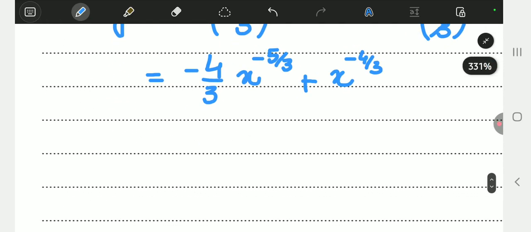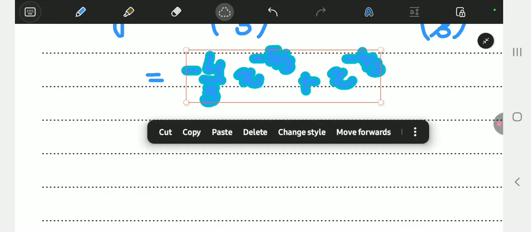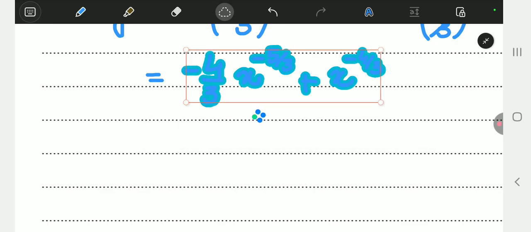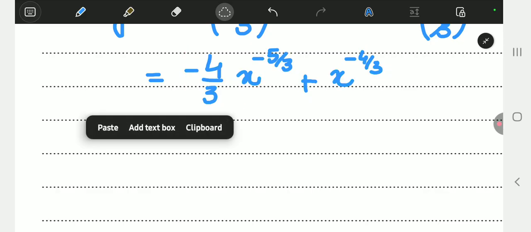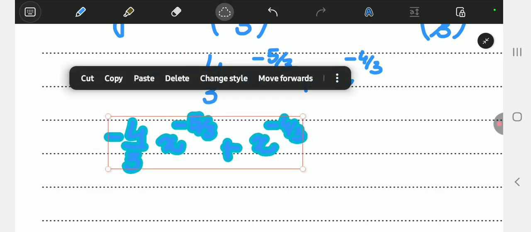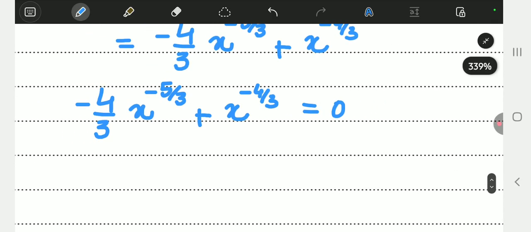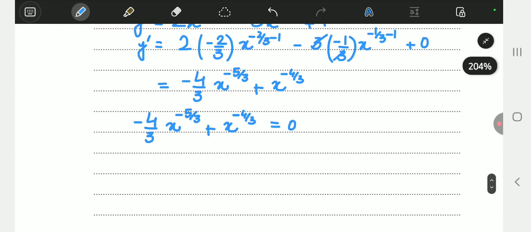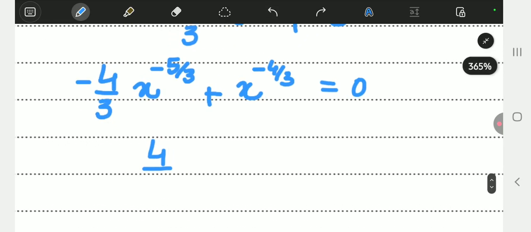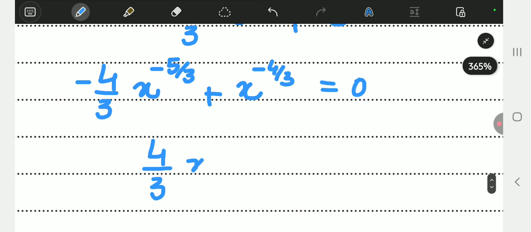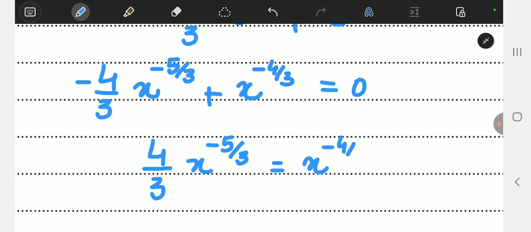y prime equals 0, so that means this whole expression equals 0. Let's put that equal to 0. Then we will have 4 over 3 x to the power minus 5 over 3 equals x to the power minus 4 over 3.